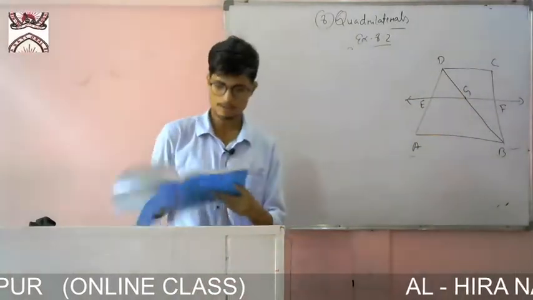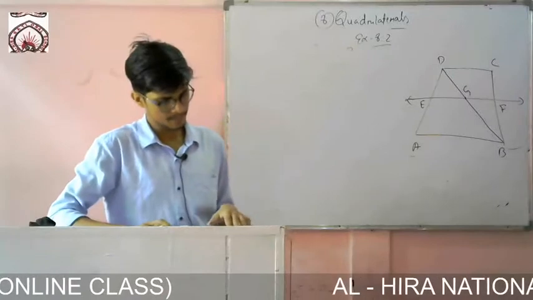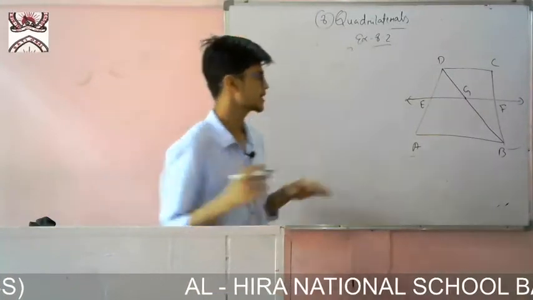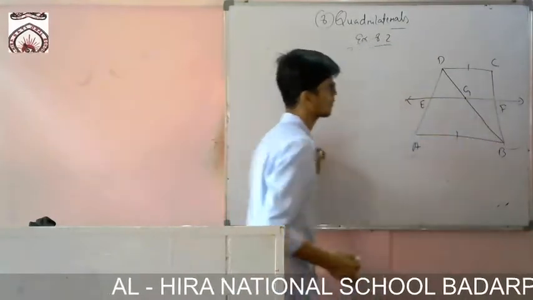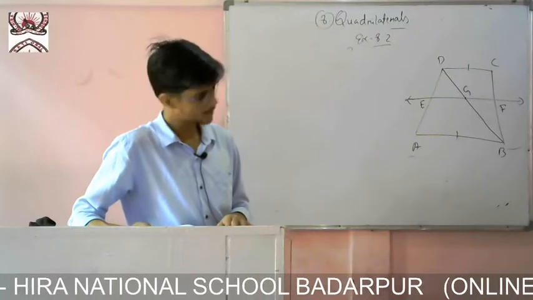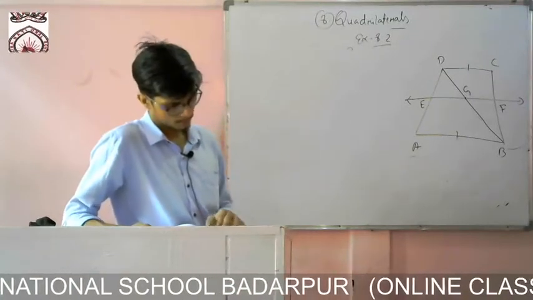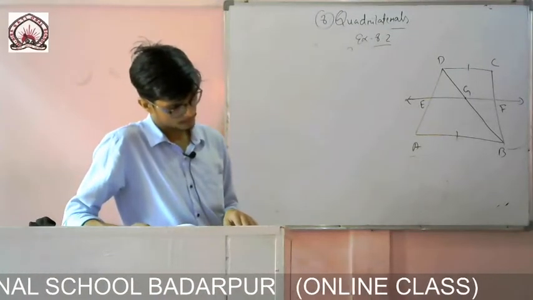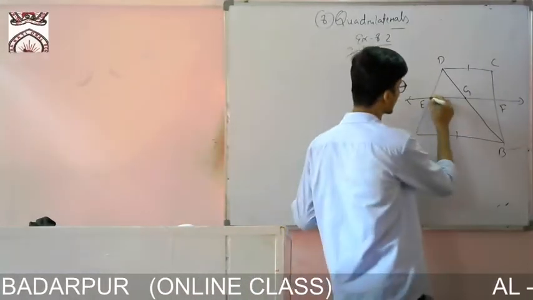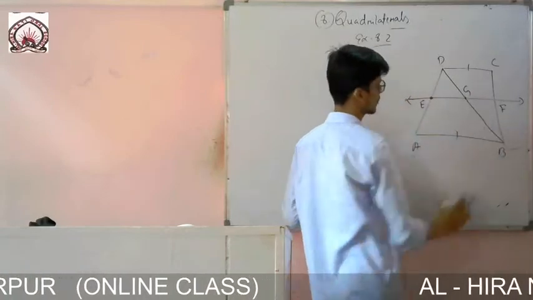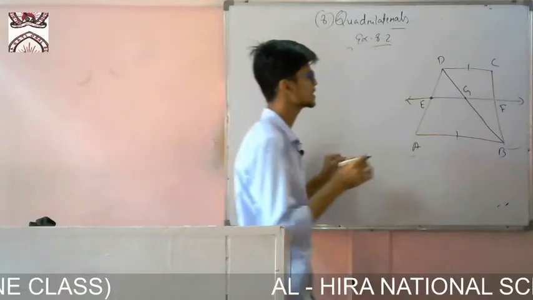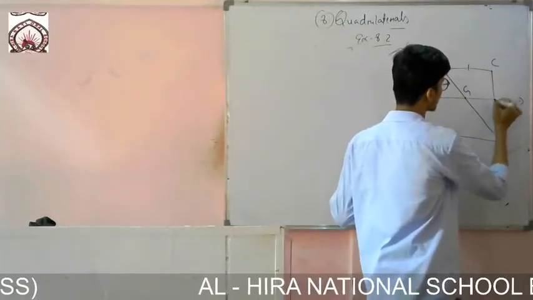Now see very carefully, it is given ABCD is a trapezium in which AB is parallel to DC. These two lines are given parallel. Then BD is the diagonal and E is the midpoint of AD, and a line drawn through E is parallel to AB, intersecting BC at F. So this line intersects at this point.